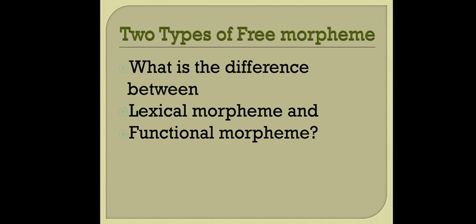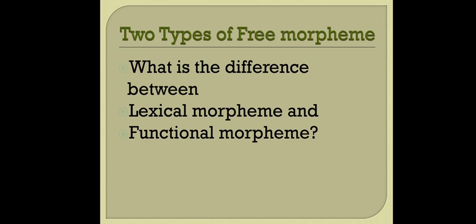Lexical morphemes make up the great number of vocabulary in the English language. These are also known as content words. They are also the words that, when you utter them, create a kind of picture in your mind. Let's take an example.